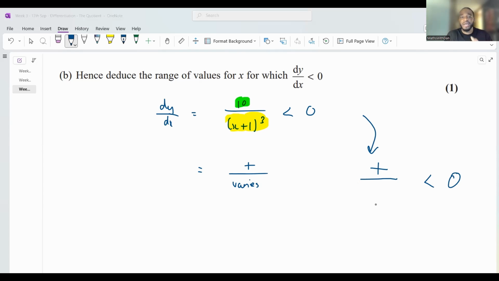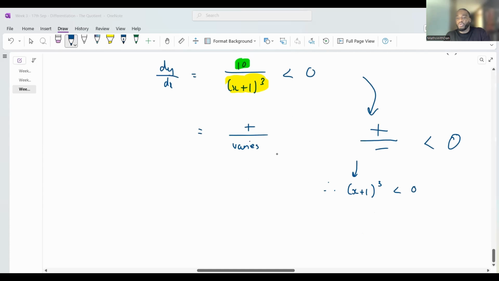So, with that being said, due to the fact that x plus 1 all cubed varies, and we want the overall fraction to be less than zero, it must mean that we're looking for the values of x for where the denominator is negative. Does that make sense? Everyone tell me yes or no. Good stuff.